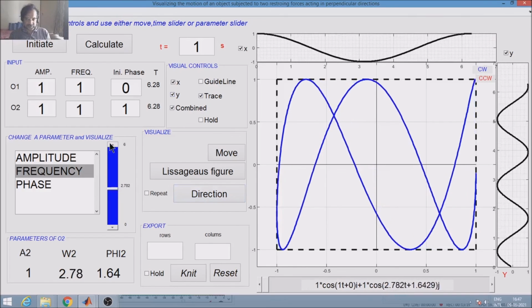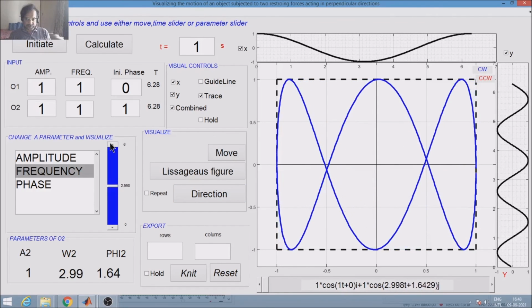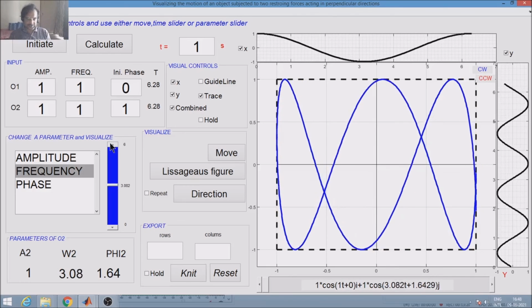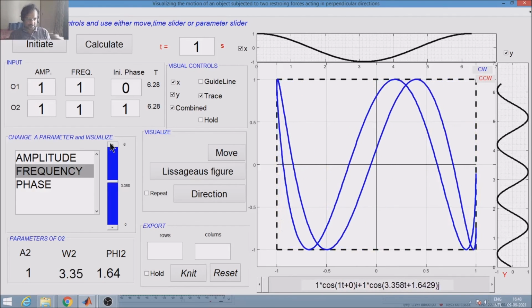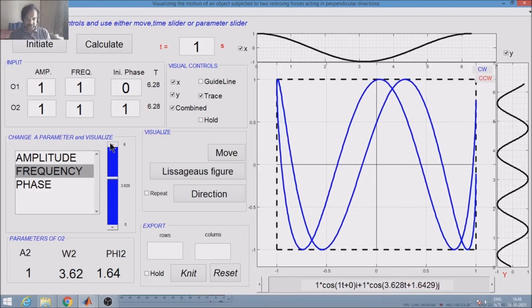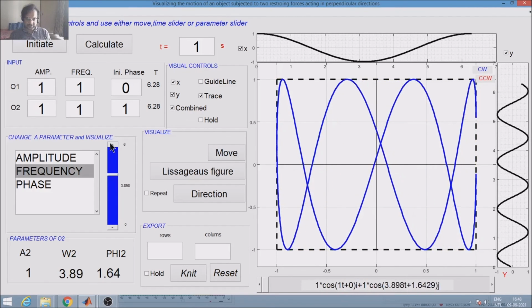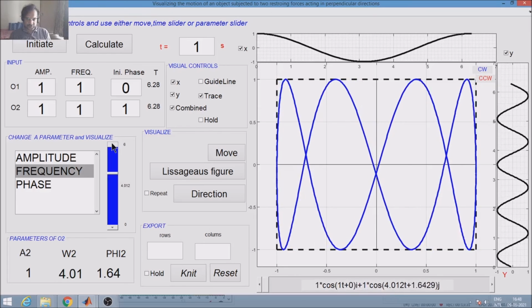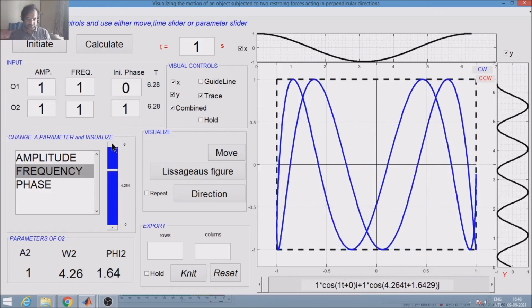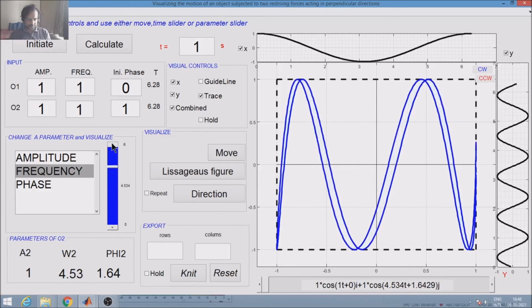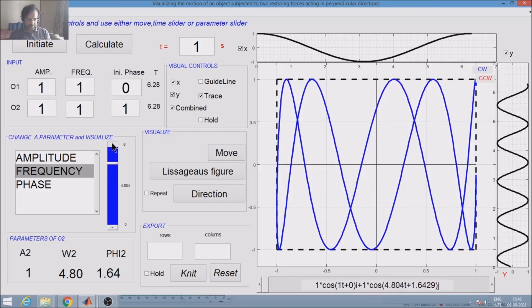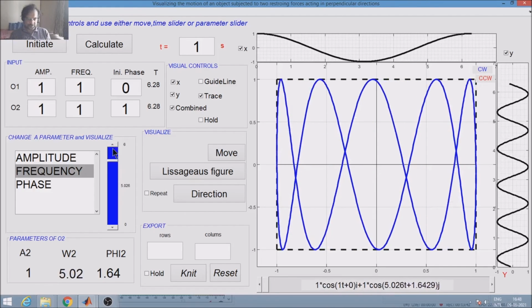If I change further, this is 3, this is more than 3, it's approaching 4, five. So this is the effect of changing the frequency. I hope you have enjoyed this colorful presentation of Lissajous figures with various special cases.